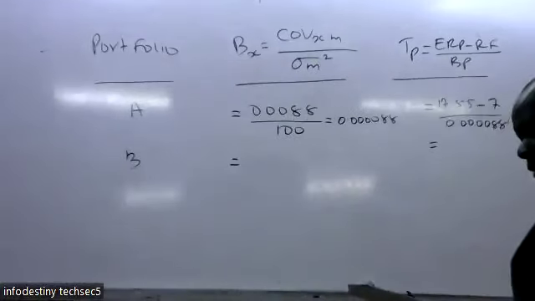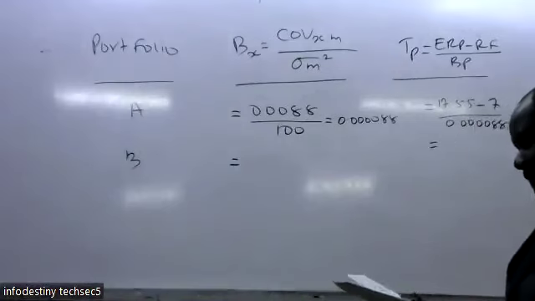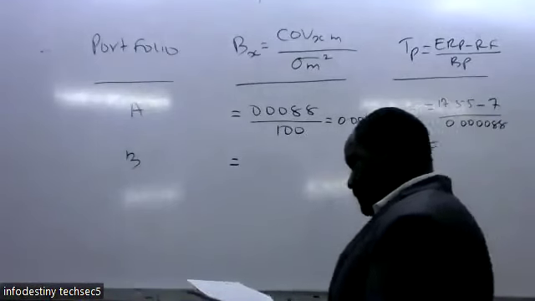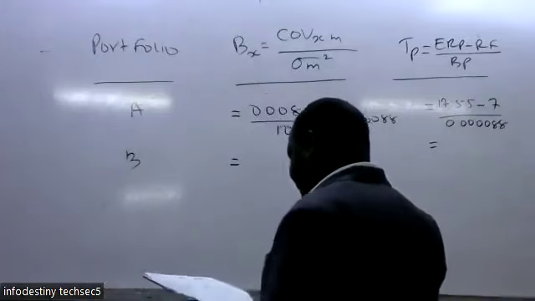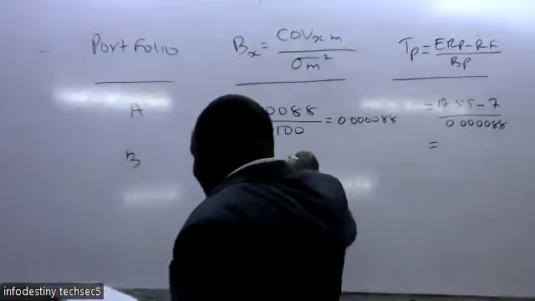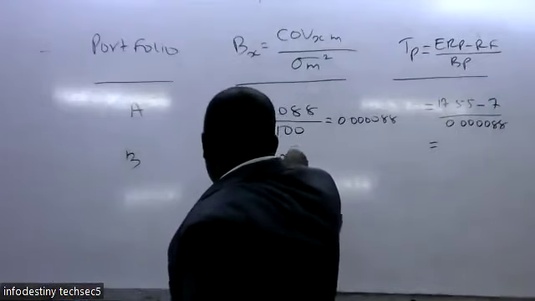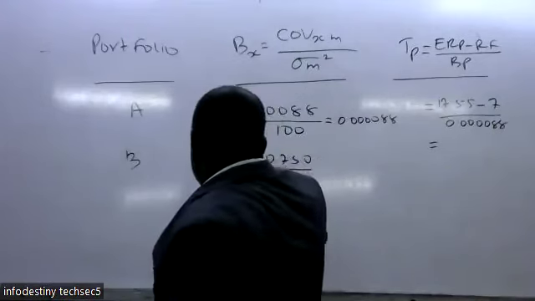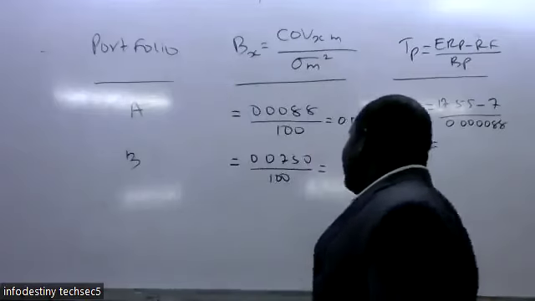So B, it is meant to be 0.075. Also divide by 100.